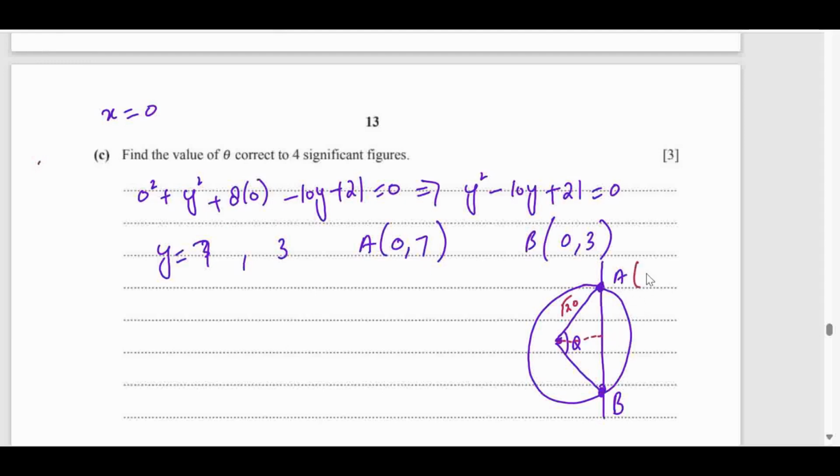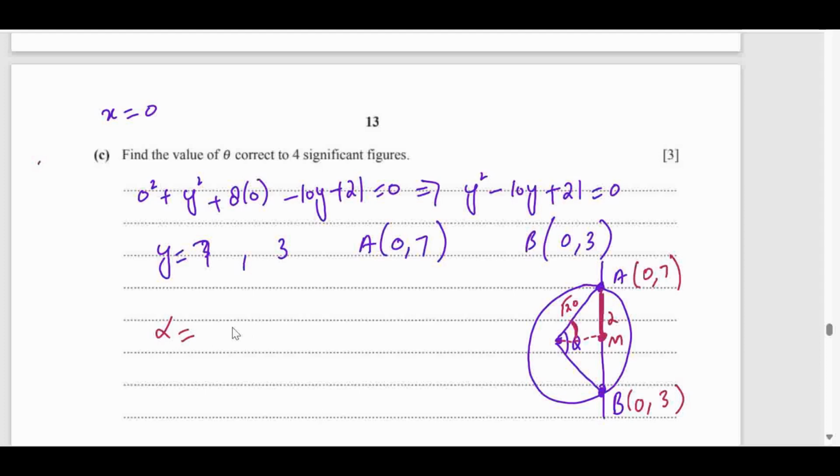This point is (0, 7) and this point is (0, 3). So the midpoint is such that the distance from the midpoint to point A is 2.